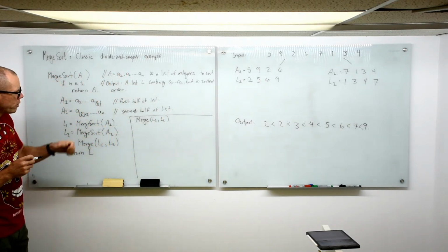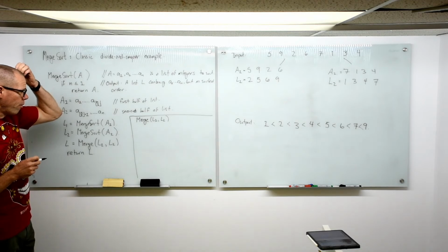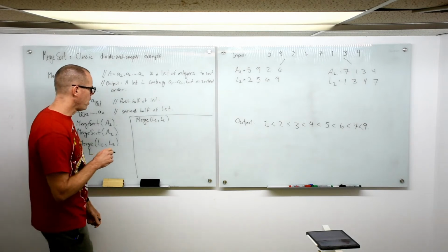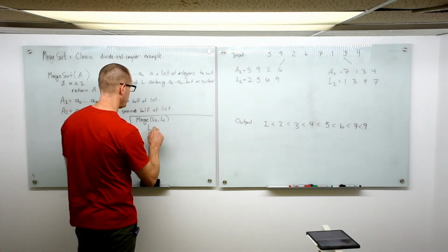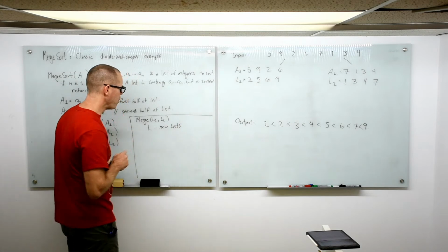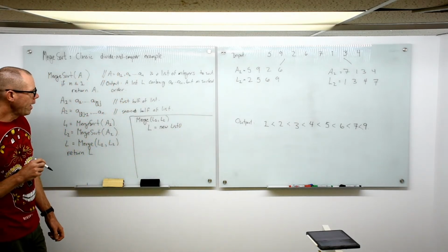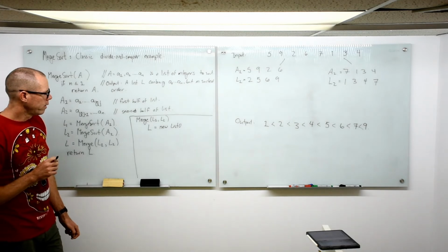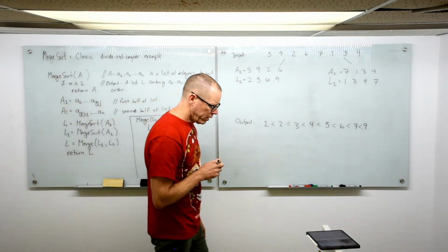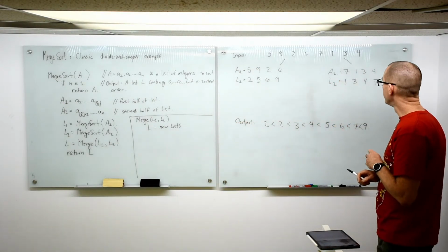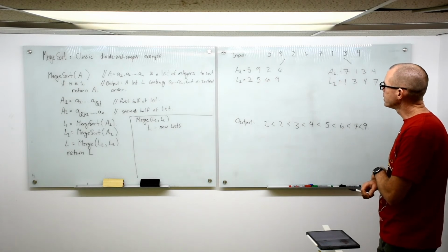It's supposed to take two sorted lists and merge them into one long list, L. So let's start with L equal to a new list, so an empty list. And now let's figure out how to do this. We have an example here, so we can work with this example.